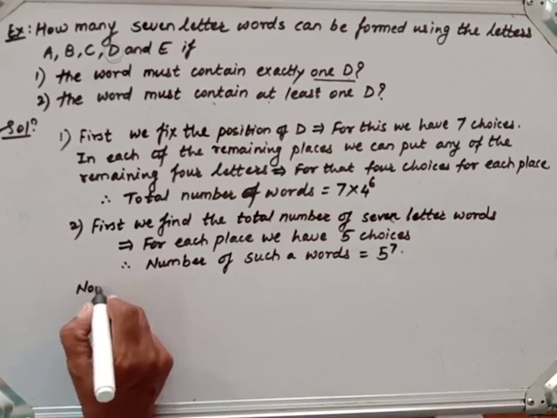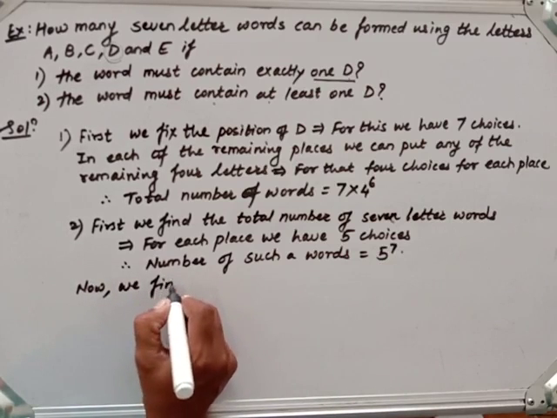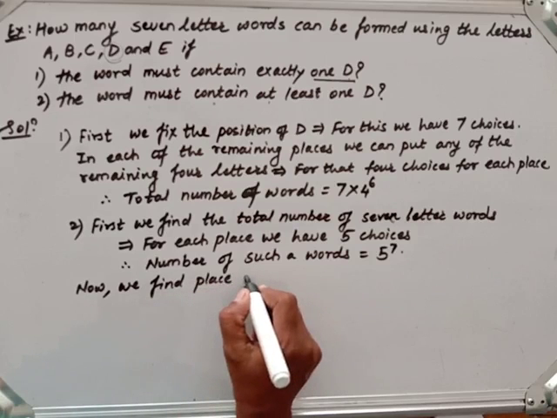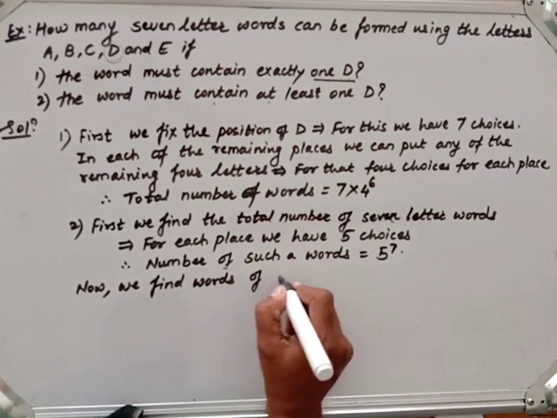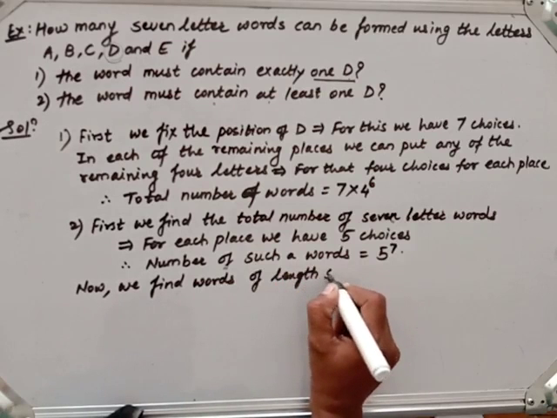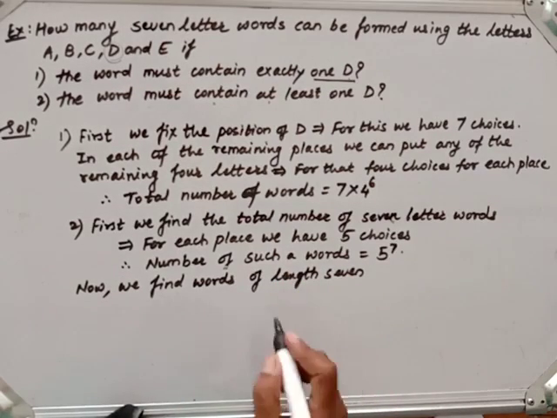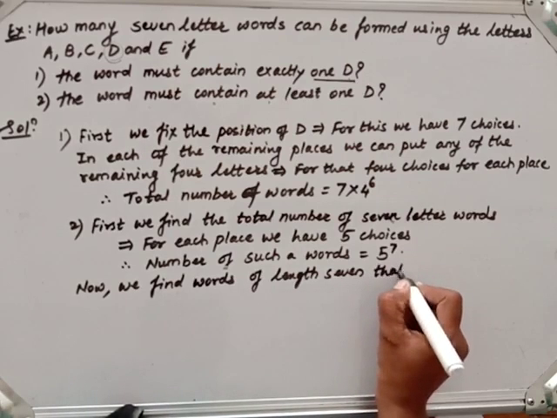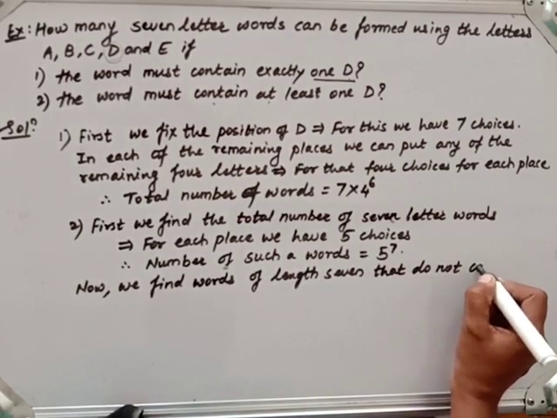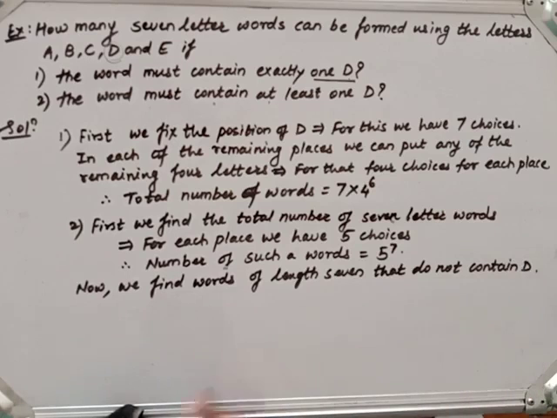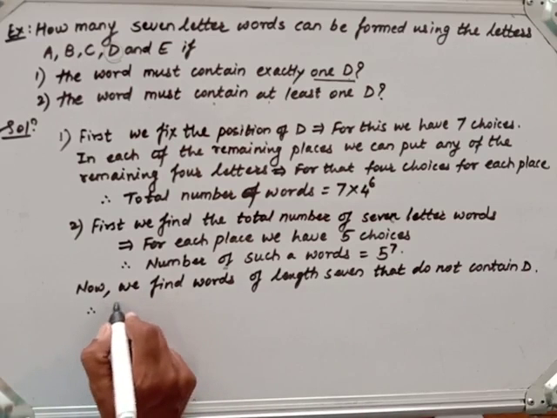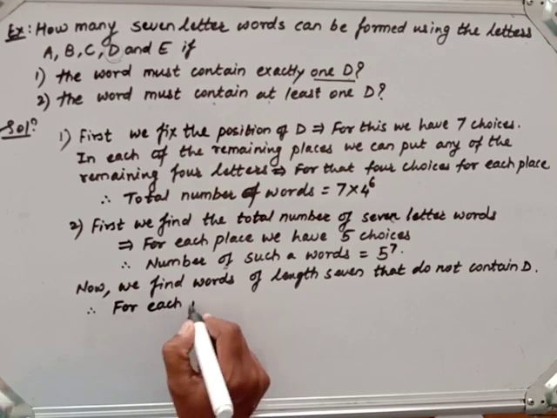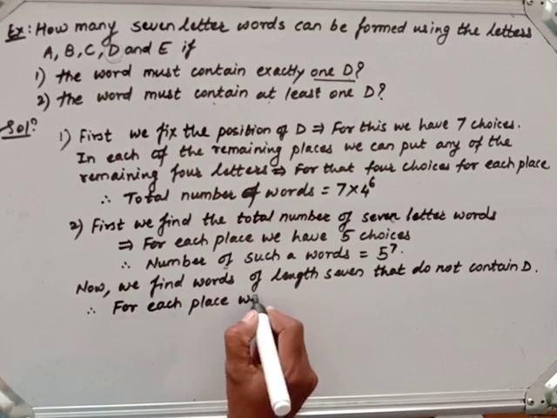Now we find the words of length 7 that do not contain D. Therefore, if the words do not contain D, then for each place we have how many choices?